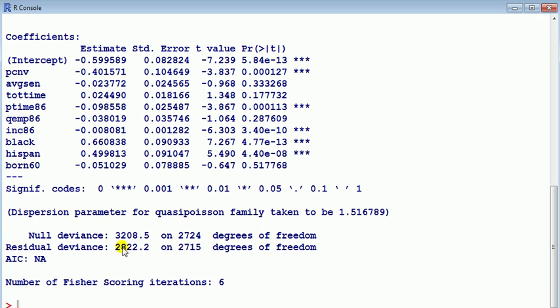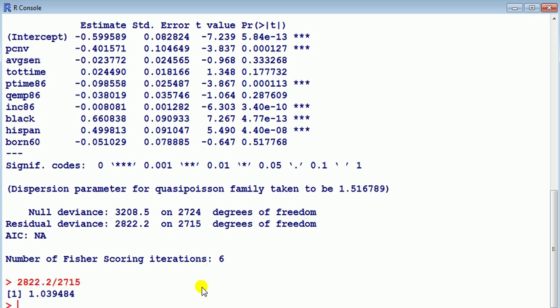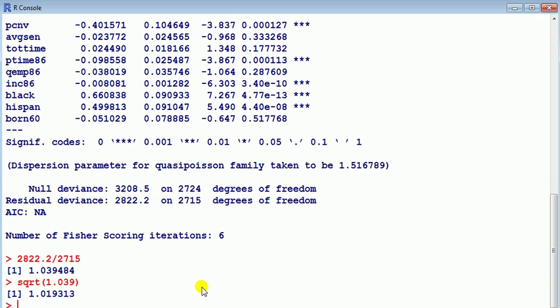It's not this divided by that and take the square root. It's not the residual deviance divided by its degrees of freedom and then the square root of that, which gives 1.039. Okay, it's not that. So I'm going to show you where the number 1.23 comes from.